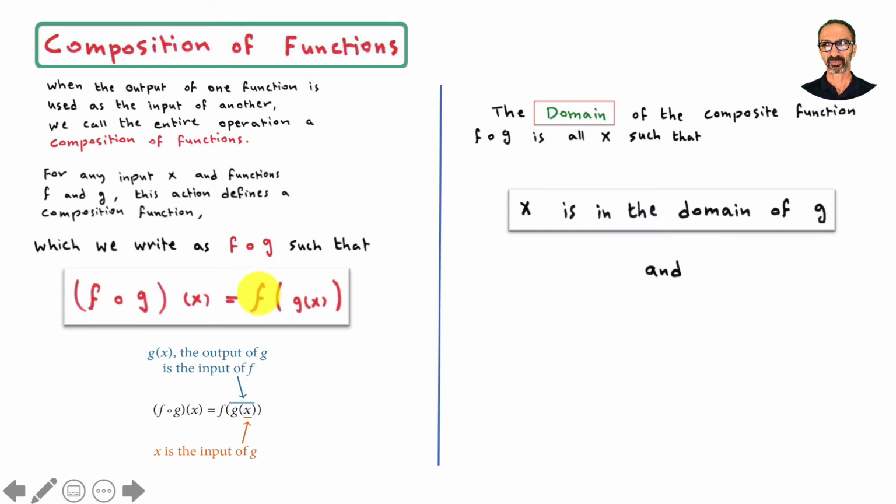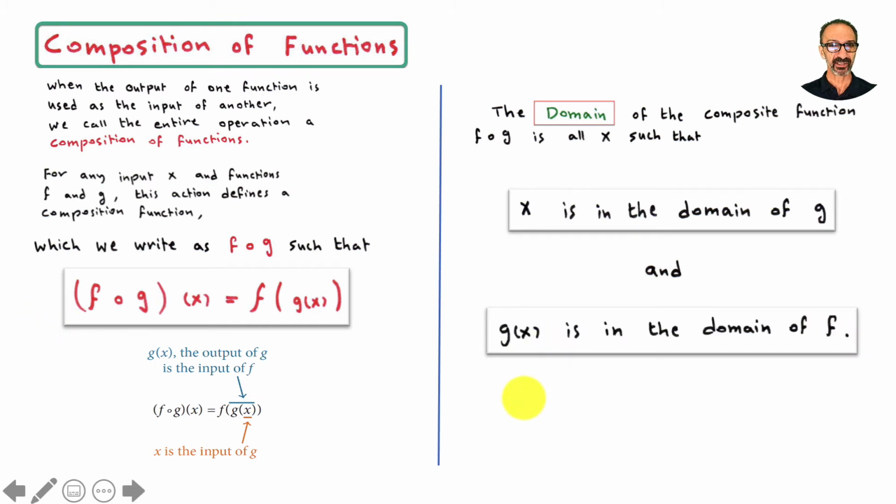So, what I'm trying to say is the outputs of g of x have to agree with the domain of f. If they don't, we have to take them out. That's exactly what I'm trying to say. And here's the answer. G of x, the output, is in the domain of f. They have to.